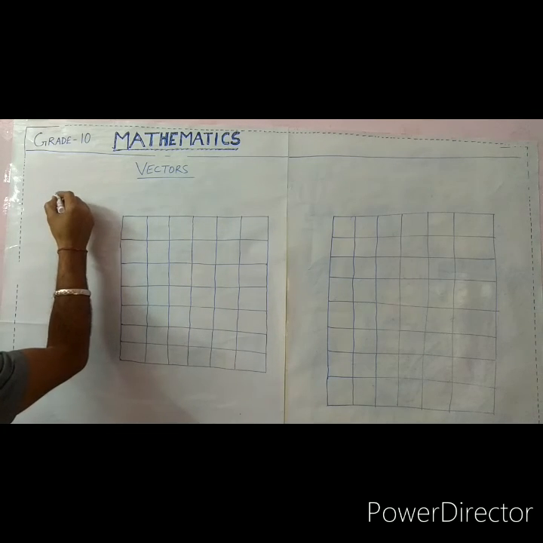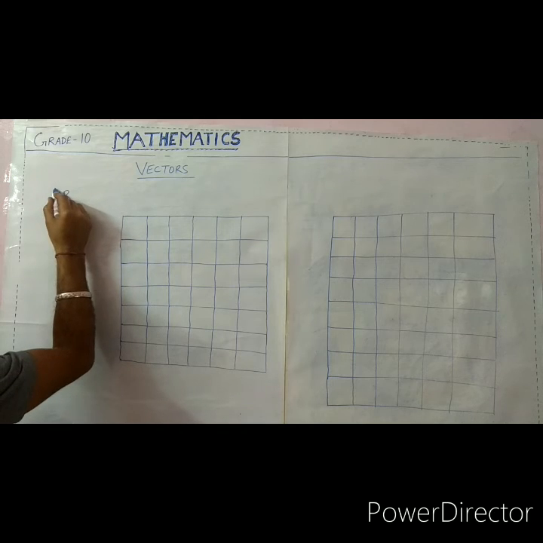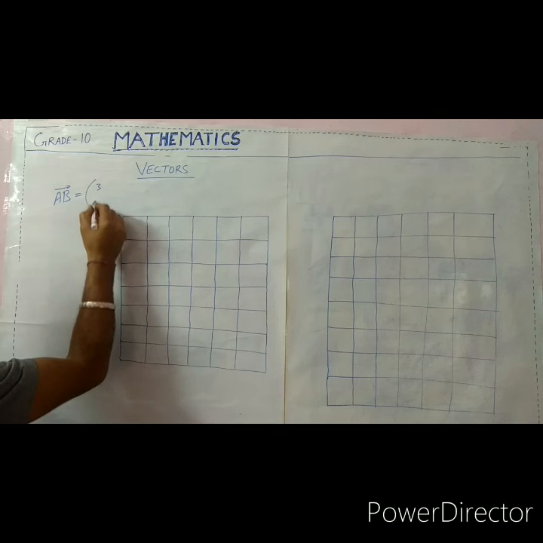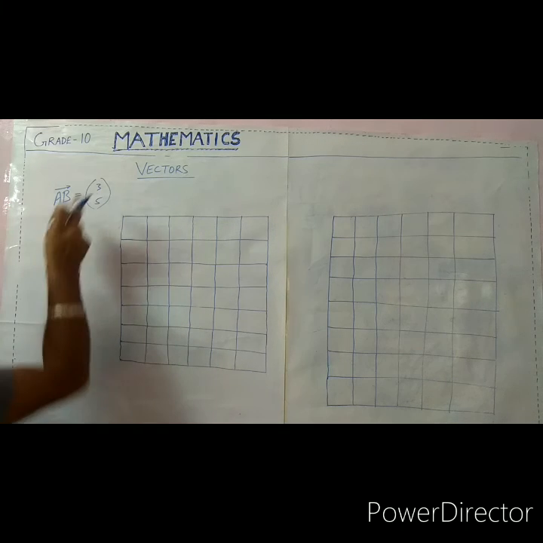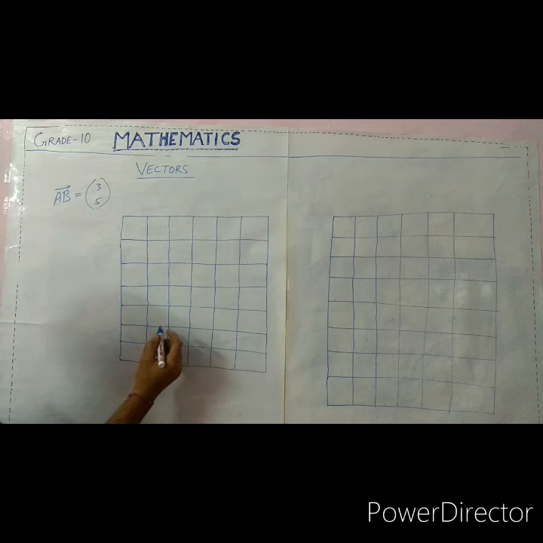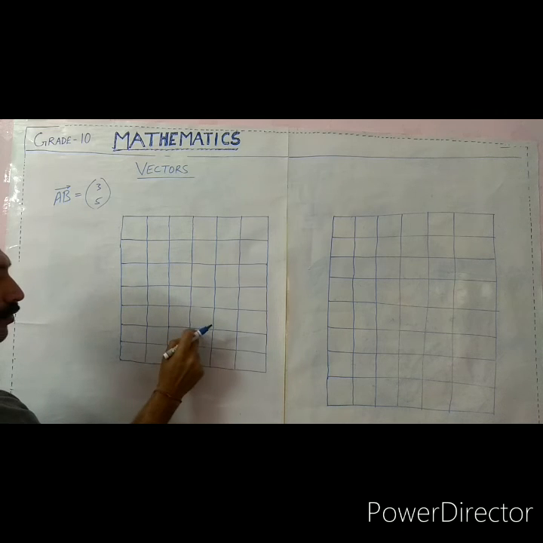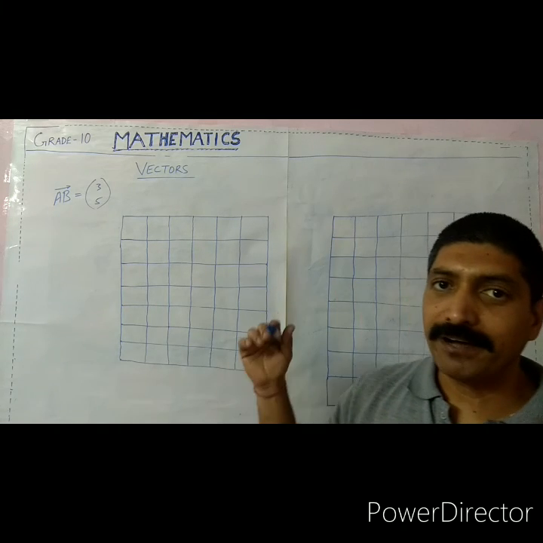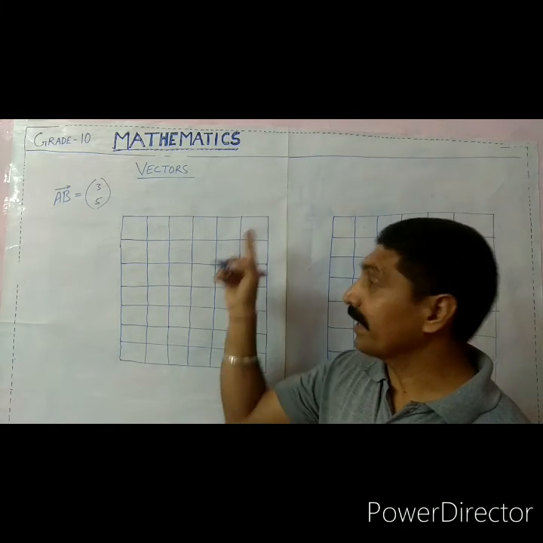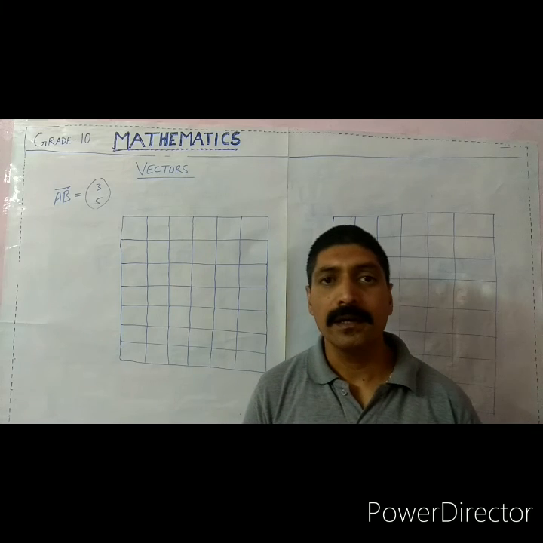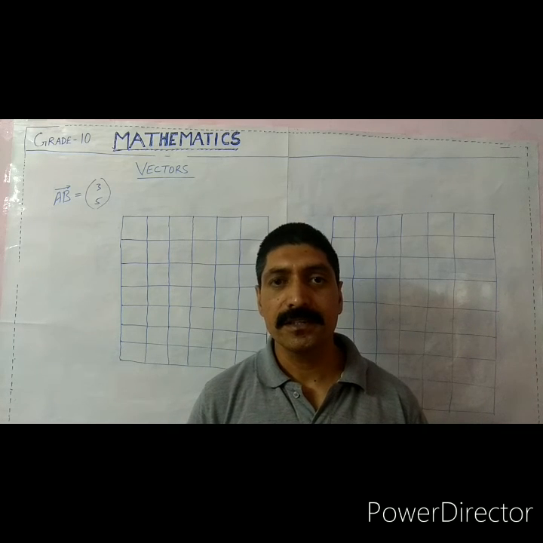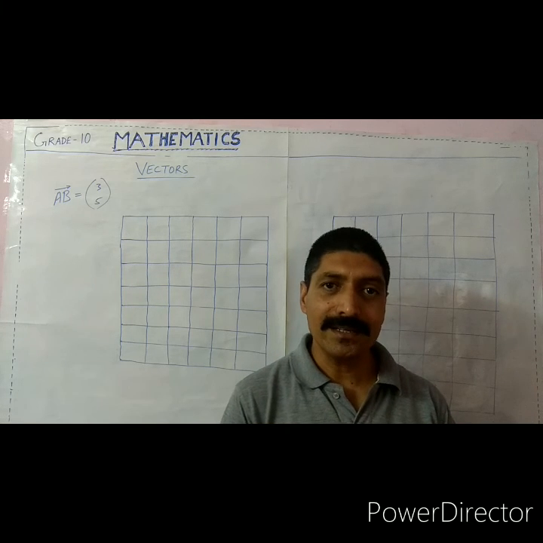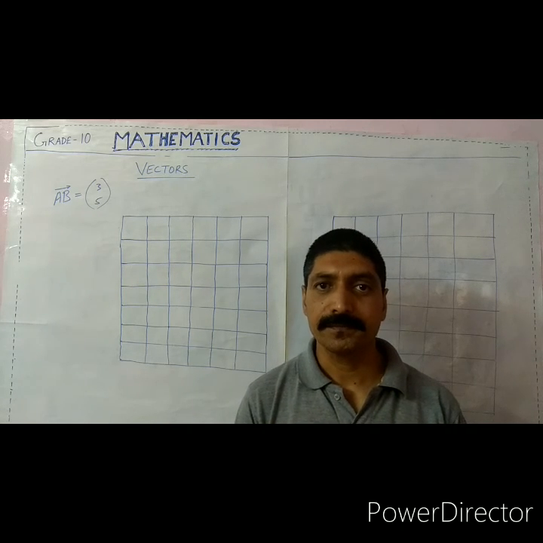If a vector AB is (3, 5), then from any point we move 1, 2, 3 towards the right-hand side and 5 towards the y axis. After translation of vectors, we studied the addition and the subtraction of vectors.